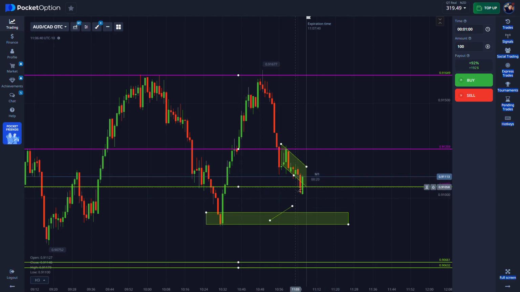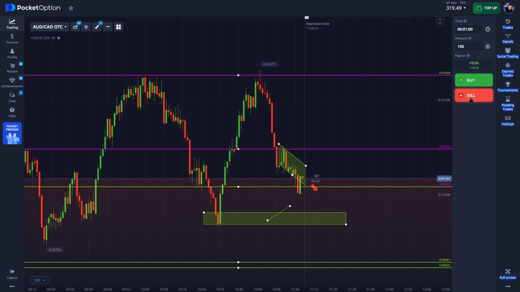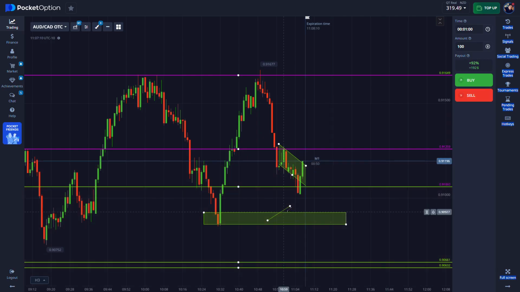Liquidated area. Give it to that area. It's glazed inside. Boys, time to sweep the sellers.